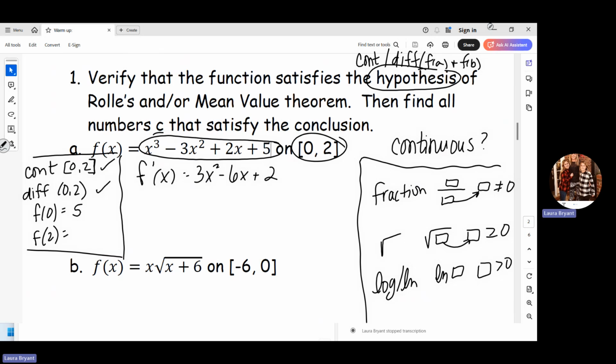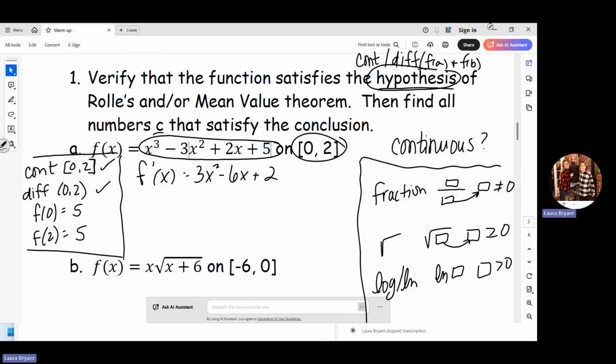And I plug in 2, and you guys check math behind me, I get 8 minus 12 is negative 4, plus 4 is 0, plus 5 is 5. By the way, quick side note, you might need a calculator on some of these problems because the numbers get a little crazy in some places, but that one's not too bad so far.